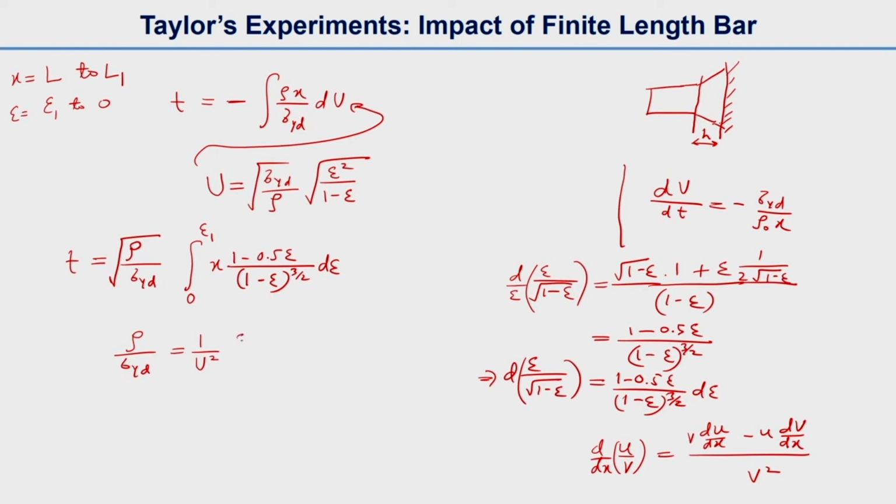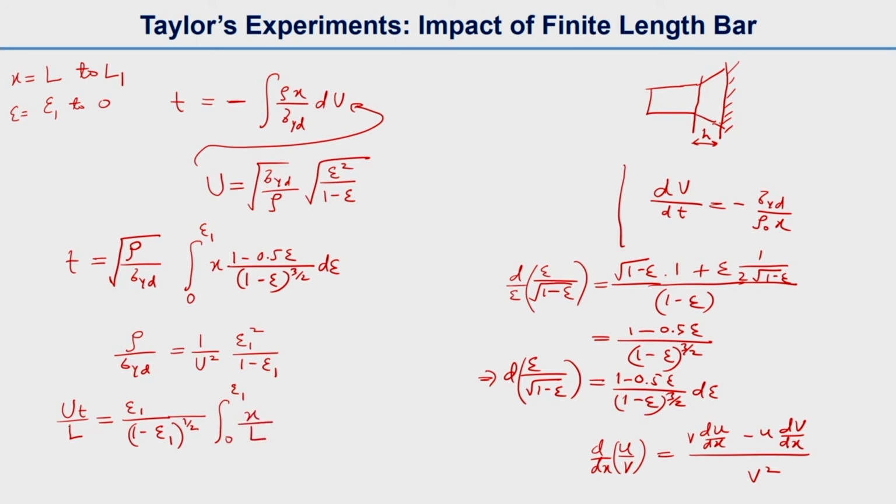We have a relation like this, and then what we can have from these two, u t by L, epsilon 1, 1 minus epsilon 1 square root, 0 to epsilon 1 x.